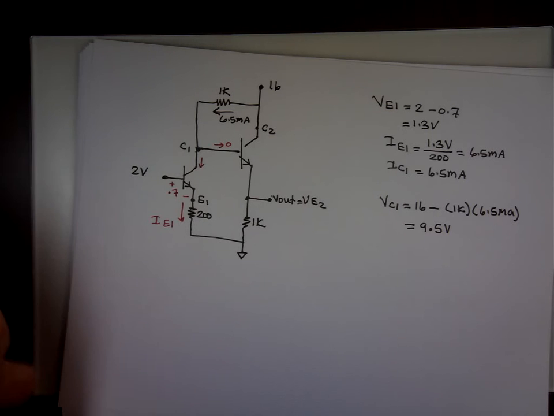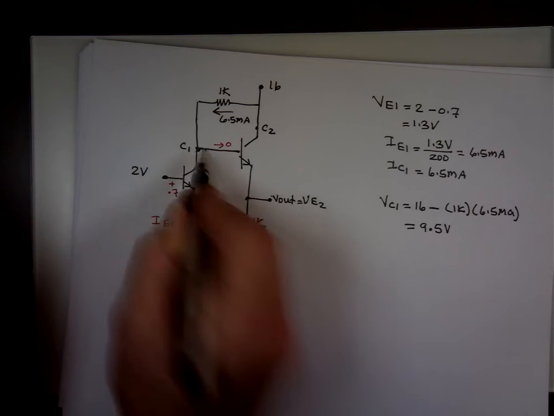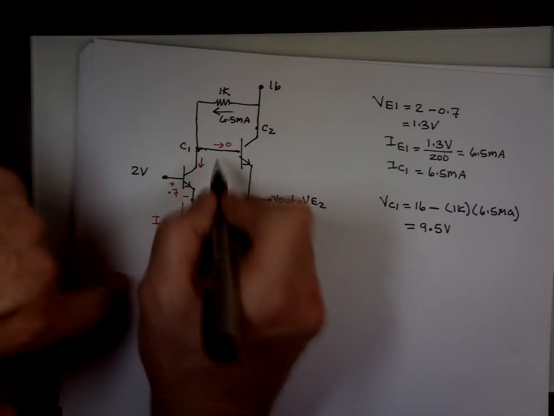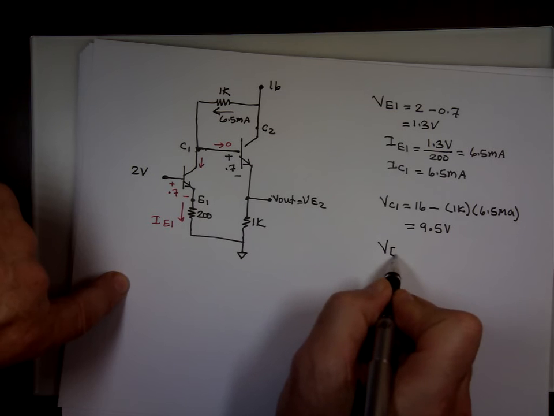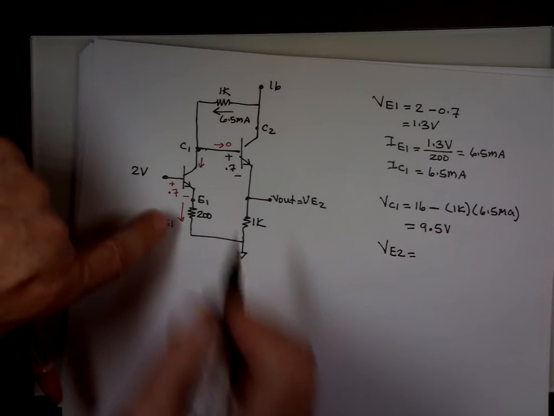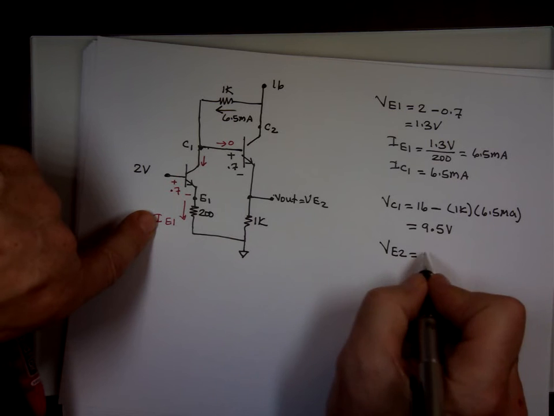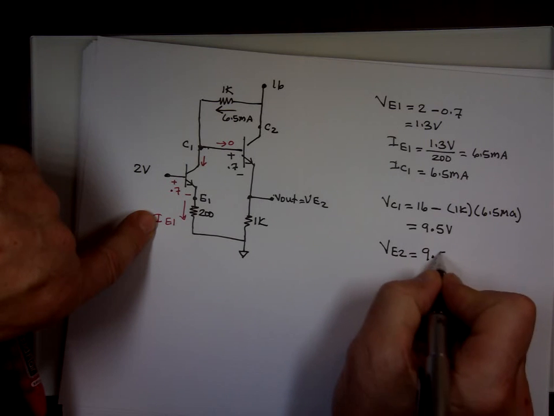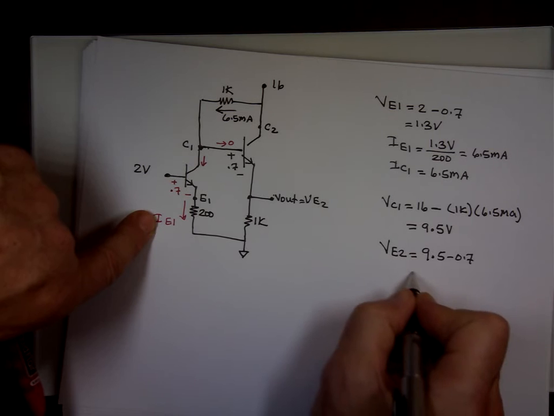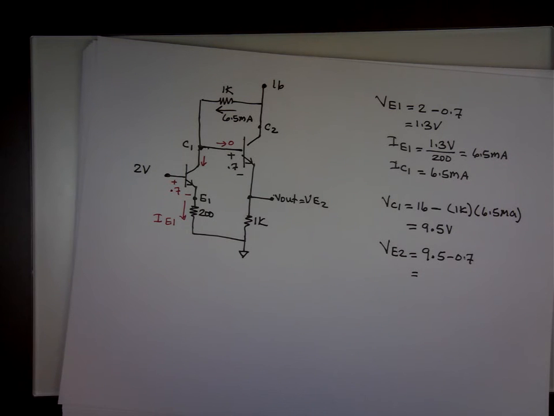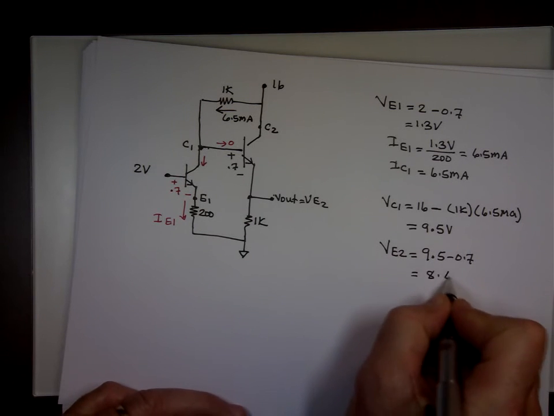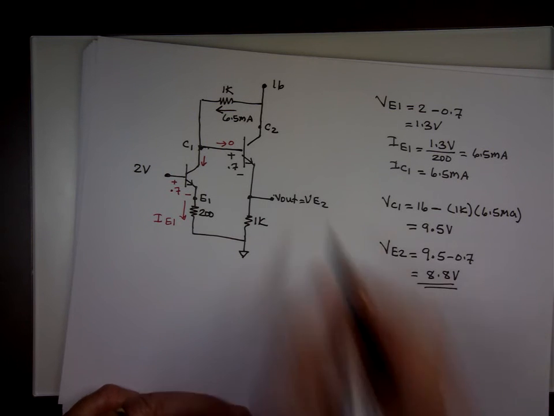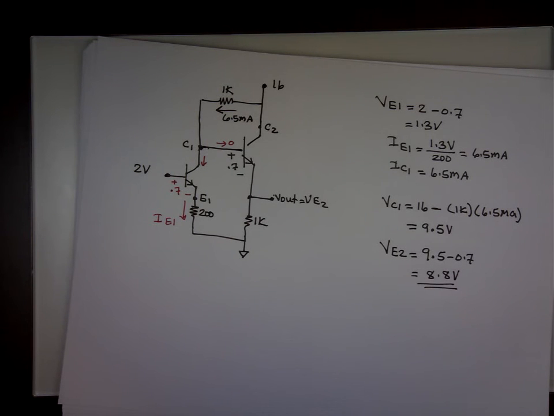So if this is 9.5 here, that means this voltage here is going to be 0.7 less than that. So what is 9.5 minus the 0.7? So 9.5 minus the 0.7 is equal to 8.8. And that's my answer for that voltage. V out is actually 8.8 volts.